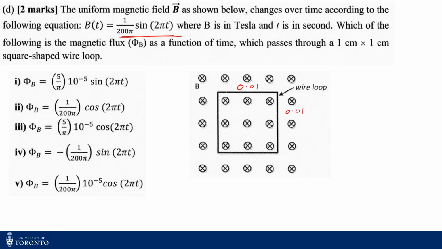Now you have to find out what is the magnetic flux going through this area. We know that our magnetic flux is given by B times A. What's our A? Our A is 0.01 times 0.01, which is 1 times 10 to the power minus 4 meters squared. What's our B? B is given here. So what's our phi B?